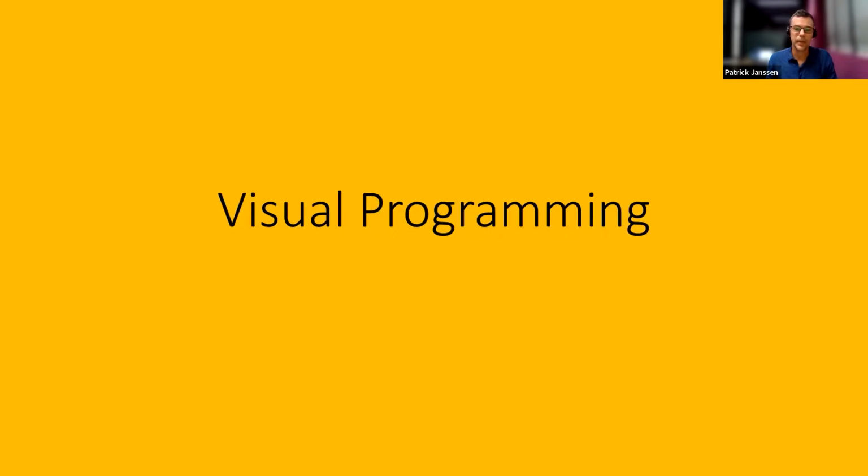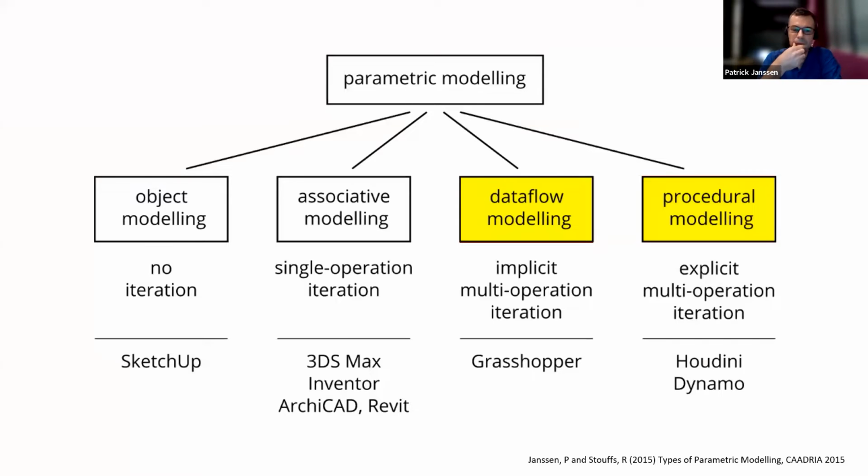So visual programming, let's start with the idea of visual programming. When we are talking about parametric modeling, there's a whole spectrum of types of parametric modeling. A few years ago, already 6 years ago, we wrote a paper trying to find a way of slicing this up into different types.